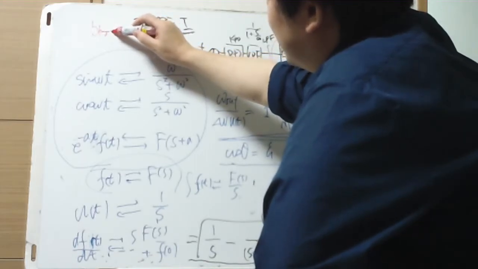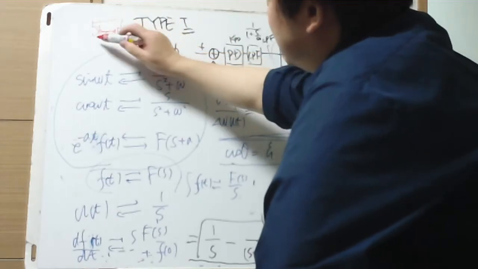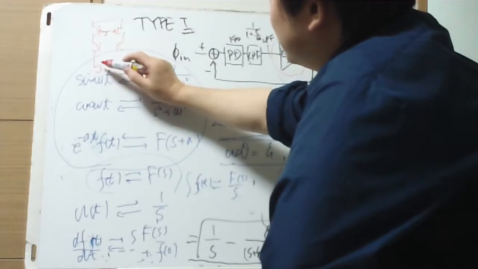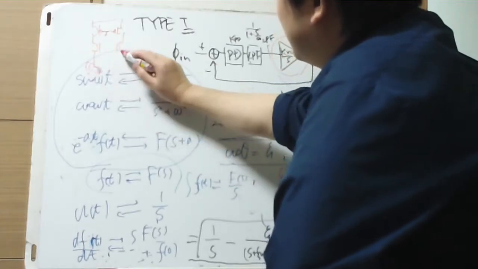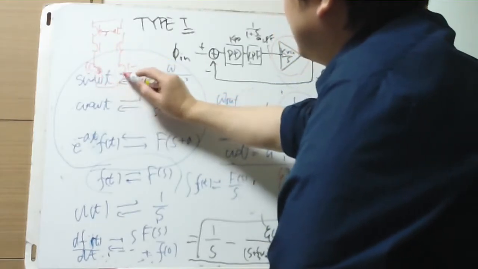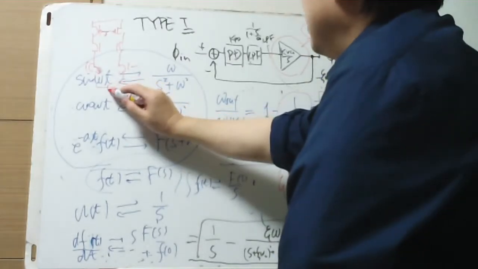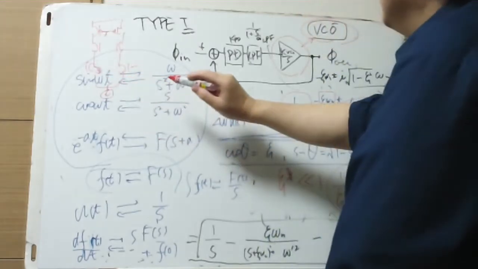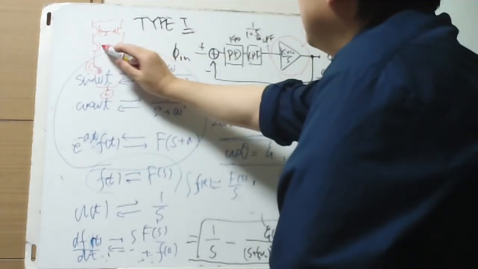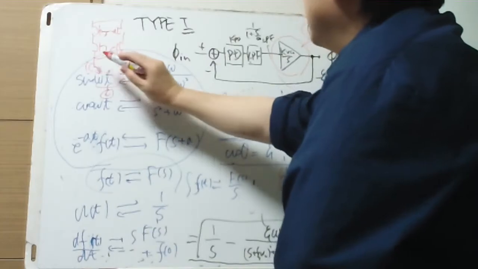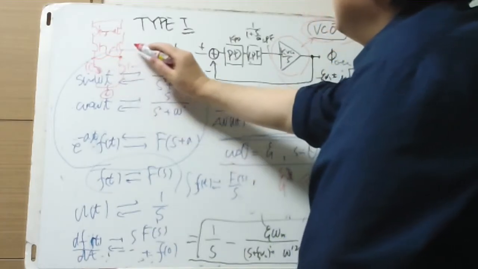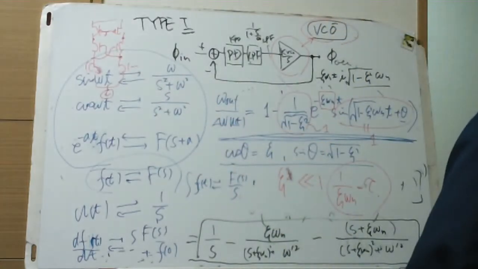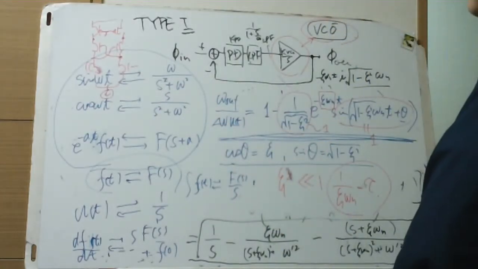Maybe this is ground, this is totally on, and N channel, and this is N channel input, and this is also N channel input, and this is current source, and this is source cross coupled, and the output is there. Where's the output? Where's the output?